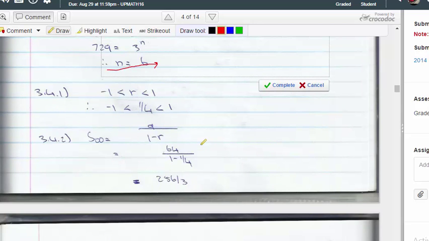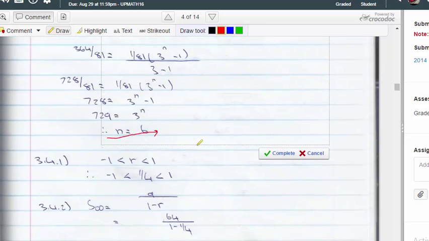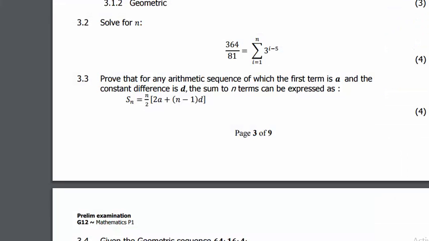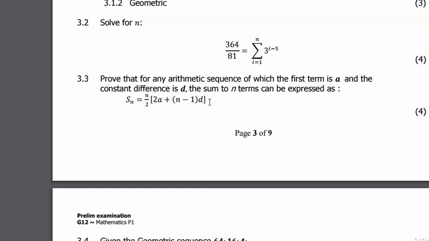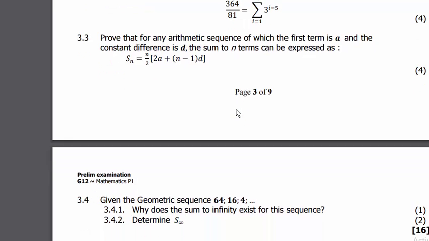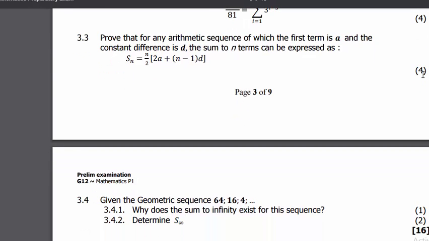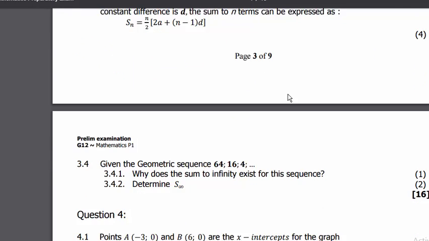I'm not going to show you the proof. The proof is in the course, and you have to know this proof and the proof for the sum of the terms of a geometric sequence. Those 2 proofs you have to know, and come on, that's 4 marks. I want to see you guys do it.